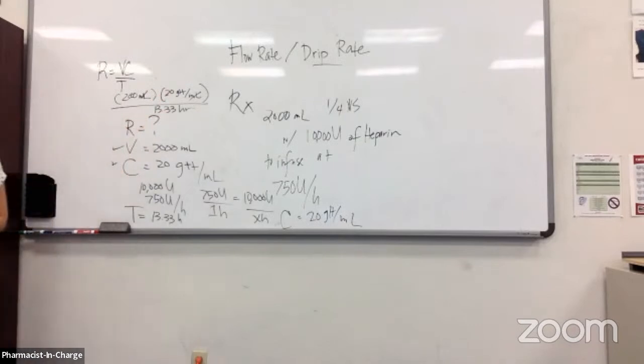Drops per hour. How do I simplify this faster so it's drops per minute? I can just convert my 13.33 hours, 1 hour is to 60 minutes, before I plug it in there. You see that? What is that?